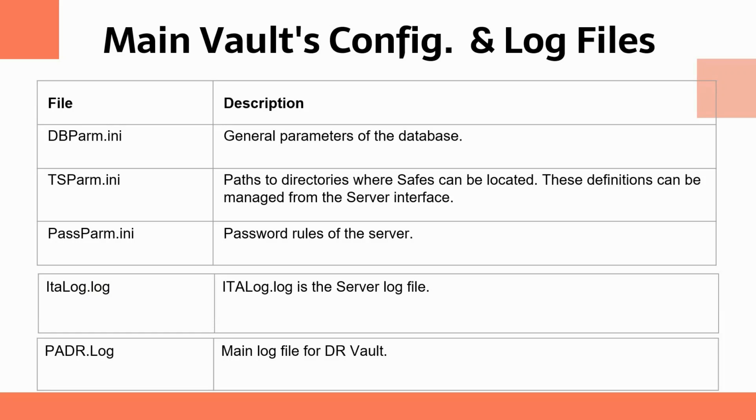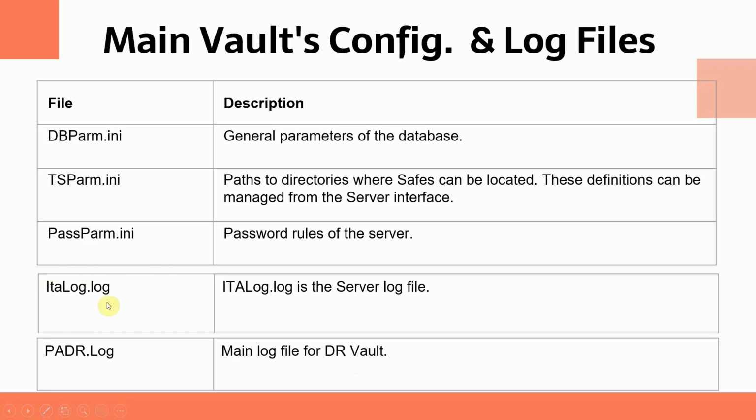And this is the padr.log file, and this is basically for your DR vault. When you are installing the secondary site, your DR service on a server, this is the log file you can refer to for the troubleshooting part. Let's suppose you are troubleshooting something and you want to see the logs, which log file do you need to refer to? For troubleshooting issues related to the vault server, you can refer to this log file, itlog.log.